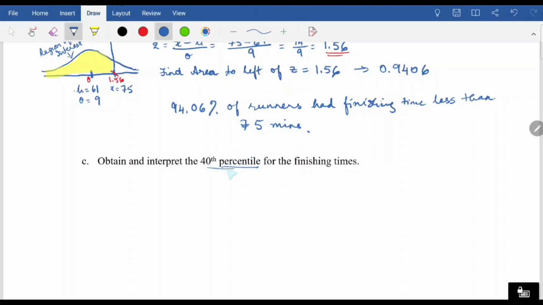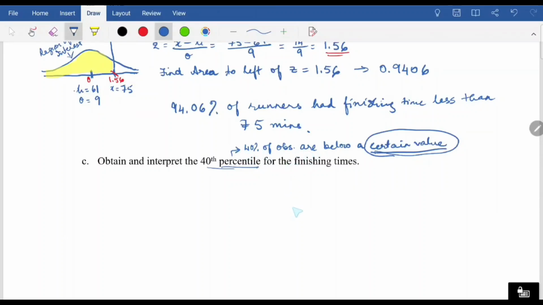So let me write that down. Percentile means, especially 40th percentile, as in this case, means 40% of observations are below a certain value. And this question is saying below what value. We have to find that certain value below which lie 40% of observations.